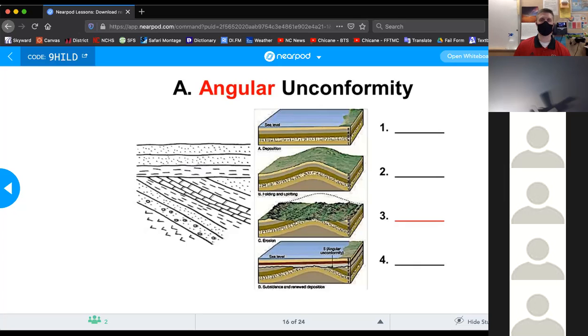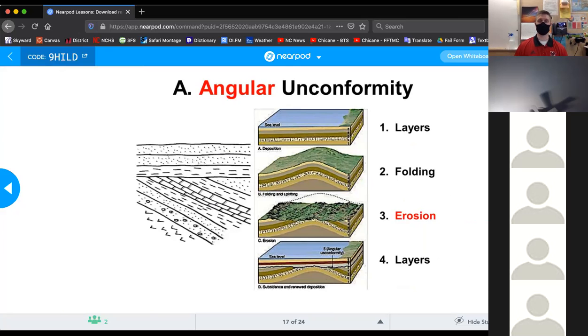More specifically, an angular unconformity is formed whenever you have layers and there's some sort of folding or bending that takes place, either from some force underneath that pushes it up, or compression that forces a fold. Then there's erosion, which erodes the top part of that hill, and then you have more deposition and rock formation above that.